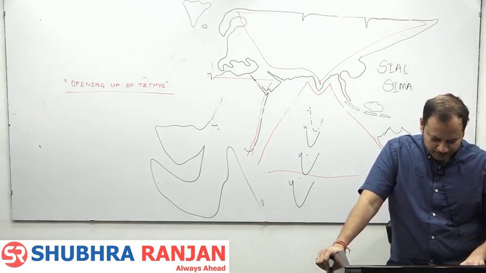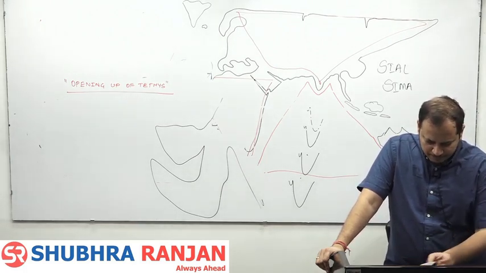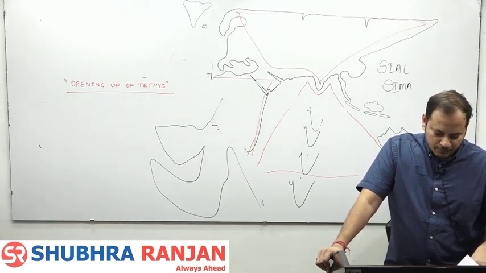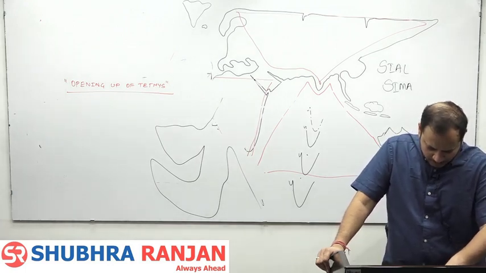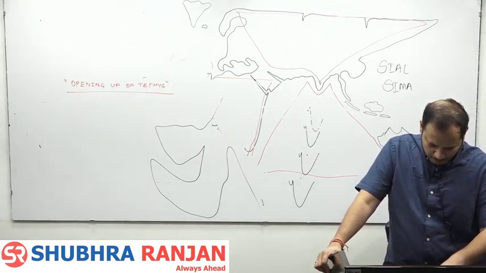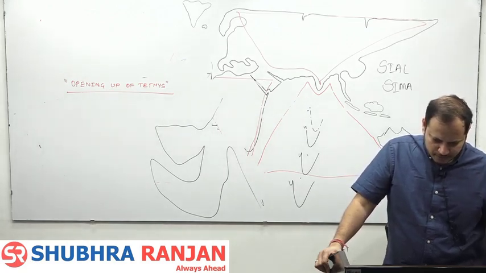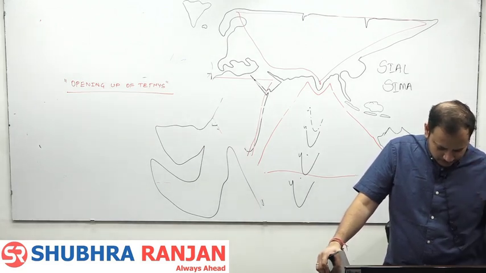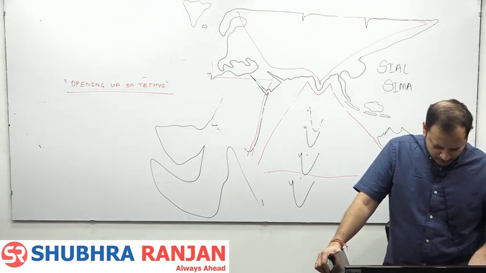For example, North and South America drifted westwards, causing formation of the Atlantic Ocean.